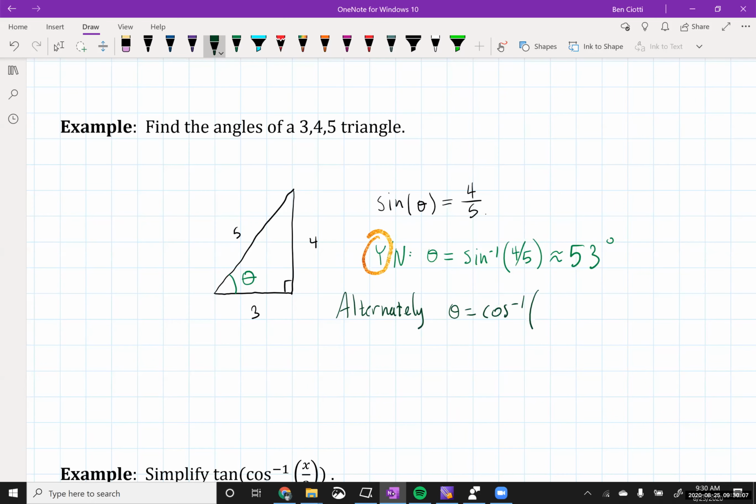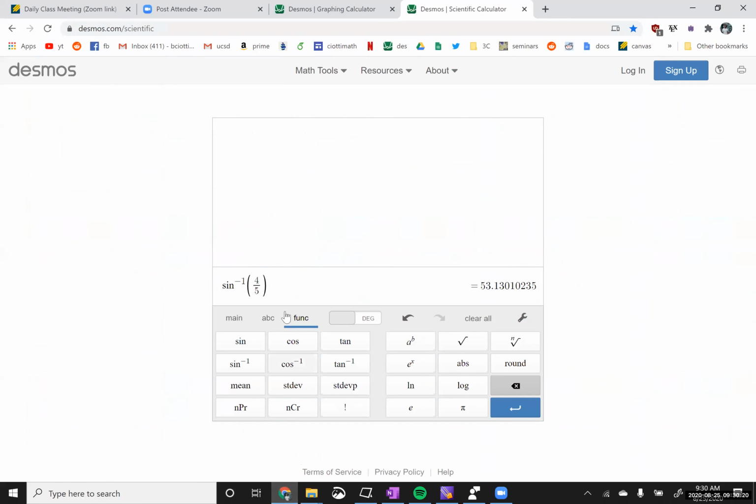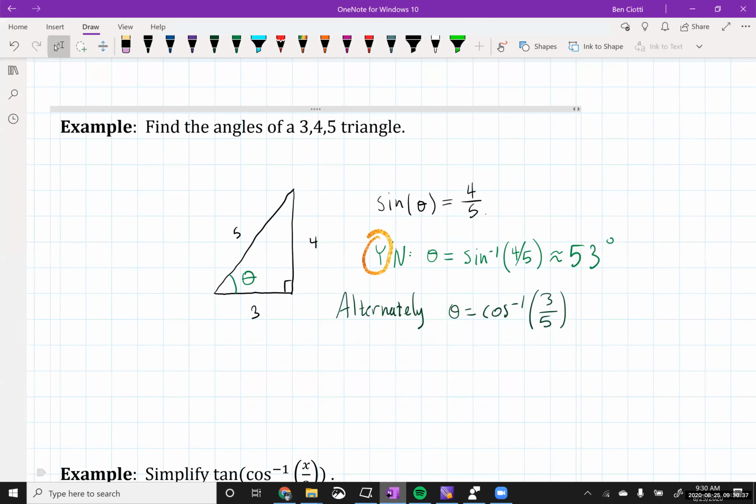What would I take the cosine inverse of? 3/5. Good. Cos inverse of 3/5 should give me the same answer. In fact, let's check. If instead I did cos inverse of 3/5, oh good, I also get the same angle, approximately 53 degrees. So yeah, it's up to you, whatever way you like.